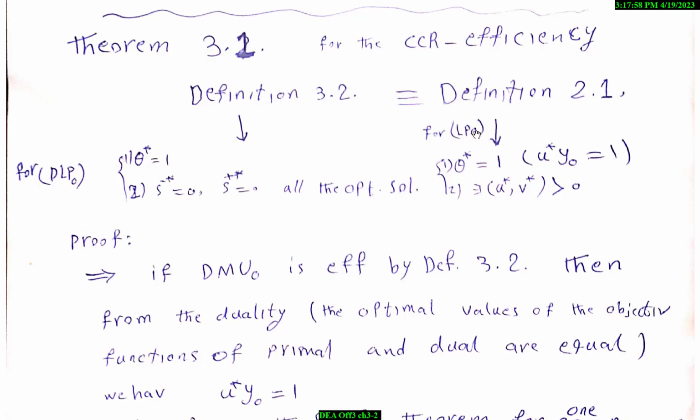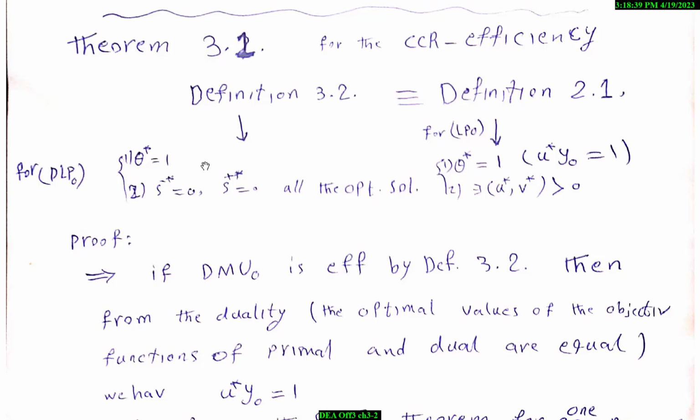This is from the LPO multiplier form of the model, and this is for the envelope form of the model. Definition 2.1 says DMUO is CCR efficient if we have these two conditions. First, the optimal value of the model is 1, and second, there exists at least one optimal solution with positive components.